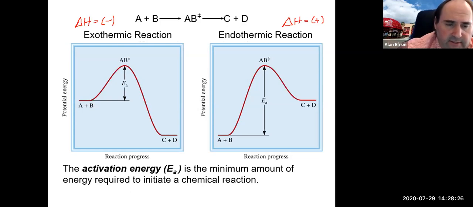We have potential energy on the left, and we have the reaction proceeding there on the X. And these are our reactants, and these are our products. And the major difference that we see in terms of our reactants and our products when we look at it in terms of energy is our reactants are higher in energy than our products.